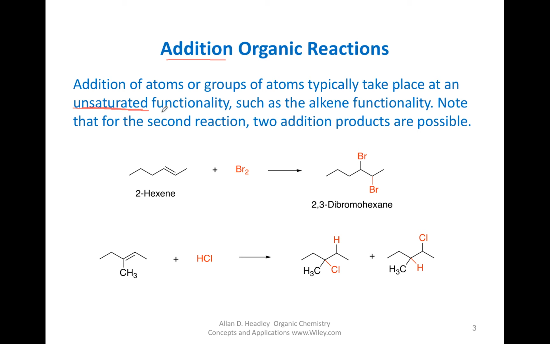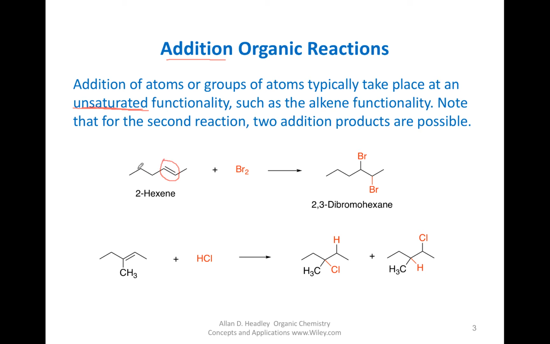And one definition we had is that the functional group is a region of the molecule where a reaction takes place. So, here is the functional group, the alkene, an unsaturation. So that is where a reaction will take place.